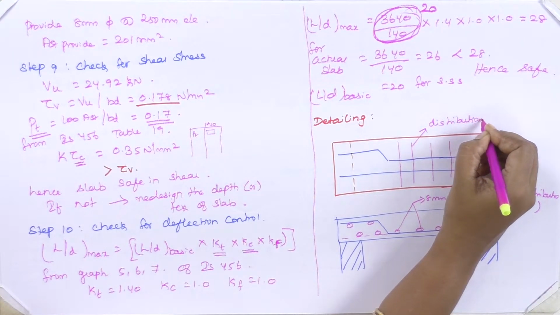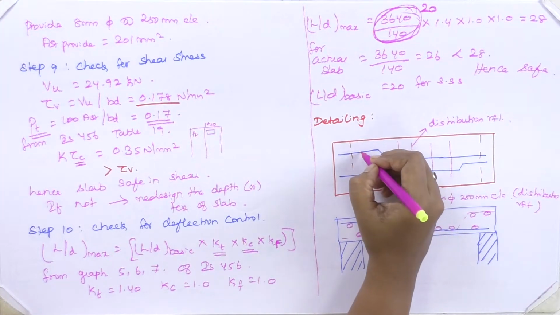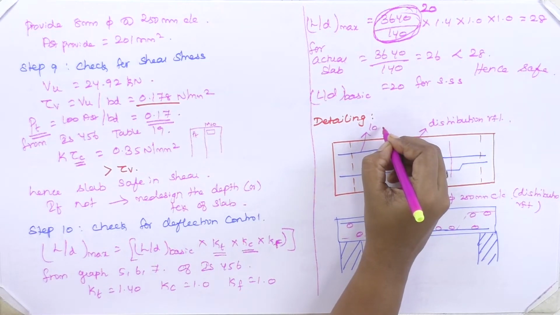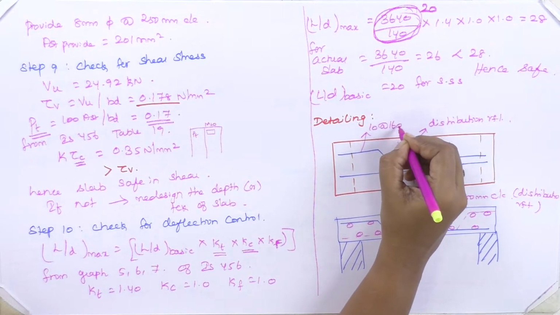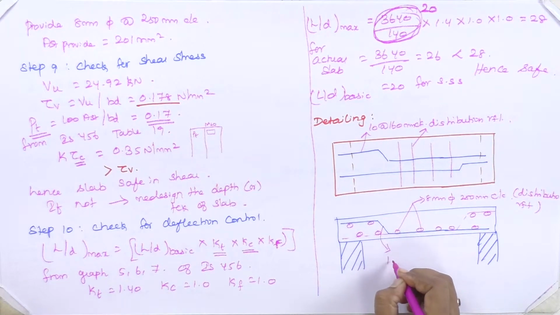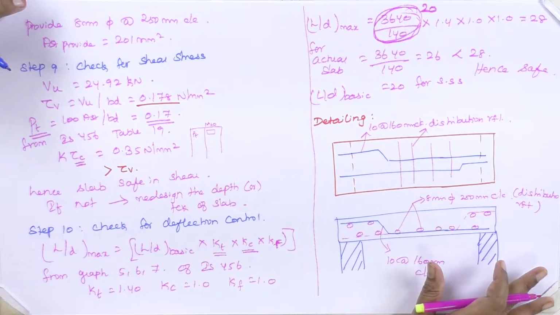This one is about 10 at 160 mm center to center. So this bar is about 10 at 160 mm center to center. This is the procedure followed for one-way slab design.